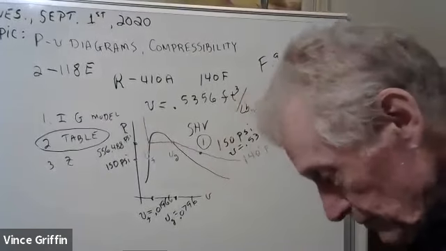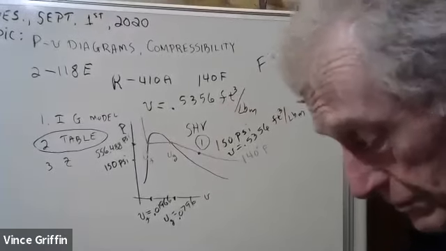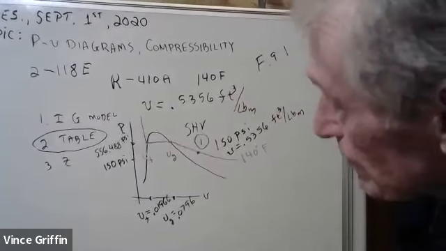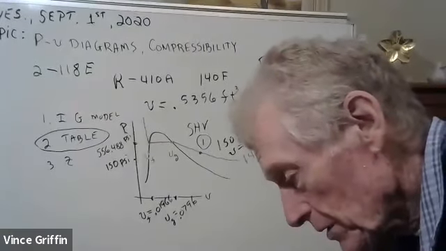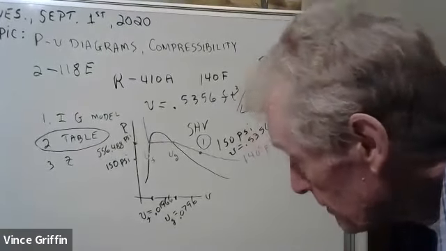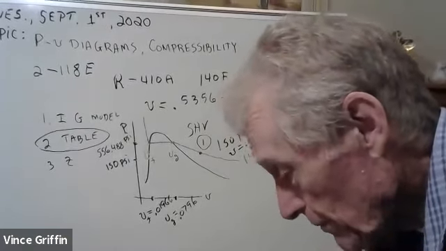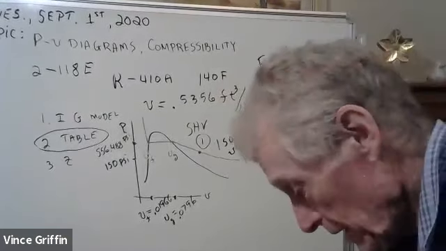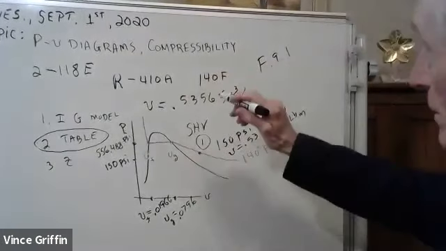Okay. Is everybody okay so far? I do not see where you got the 150 psi. This is Nathan. Oh, well, let me show you where it is. Go to the superheated vapor table for R410A. It's table F.9.2.